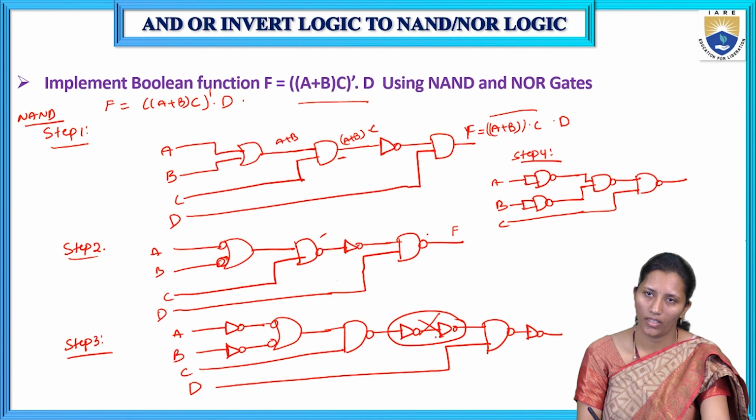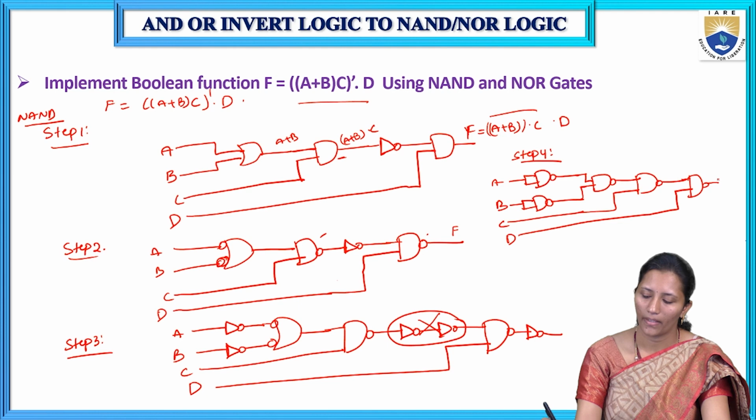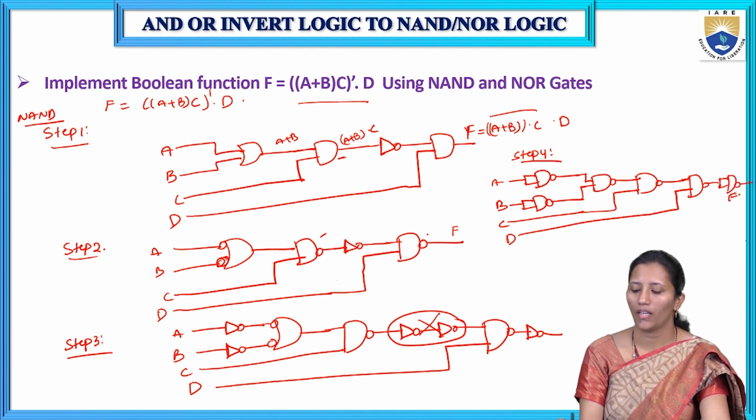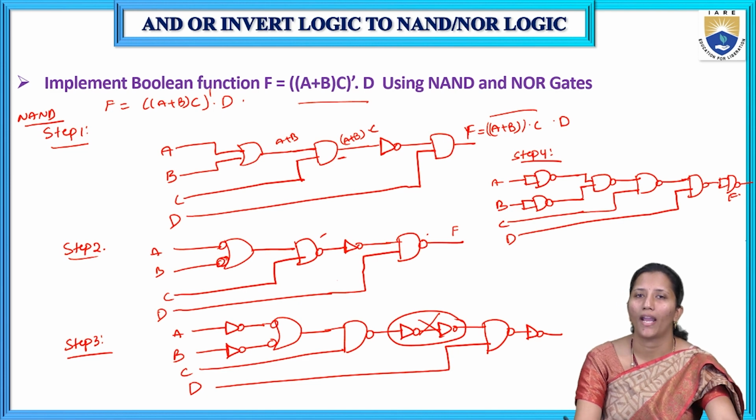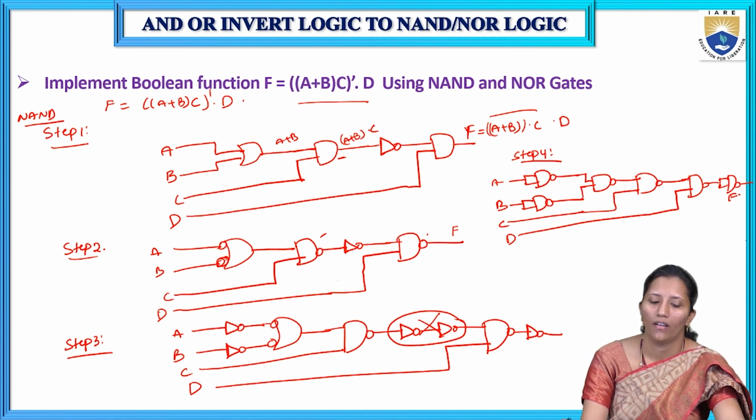Here we removed these two inverters because we have back-to-back inverters in the same line. And the NOT gate also we have to represent in terms of NAND gate. This is F. So here each and every gate is represented by NAND gate only. So this is how we have to implement a Boolean function in NAND realization.